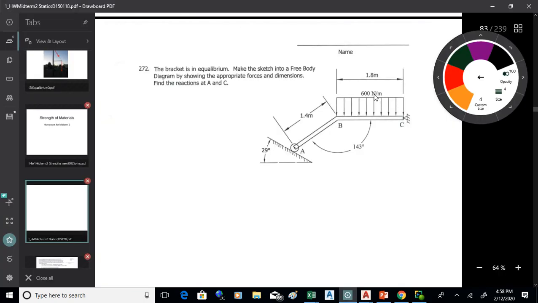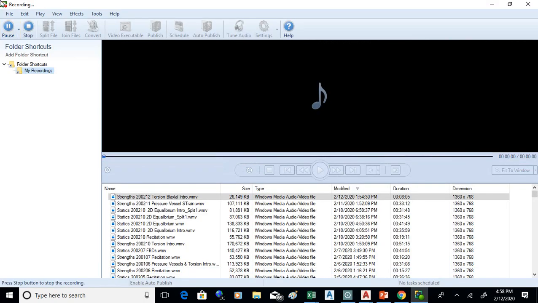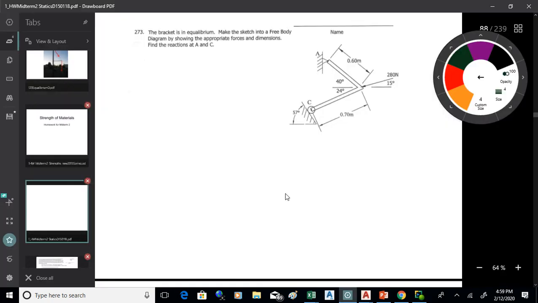Here's problem 272. It ought to look like that. All right, and then there's problem 273. So if you don't have that, they're available in Moodle, okay? So if you have an older version of the packet and don't have these versions of those particular problems, you can download these versions from Moodle, okay? And I'll make note of that on the assignment posting.